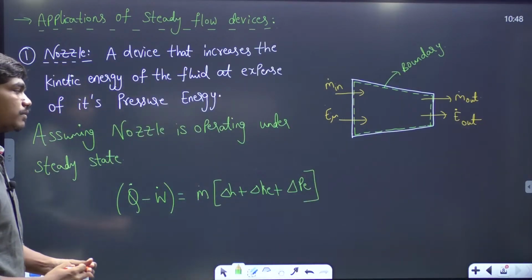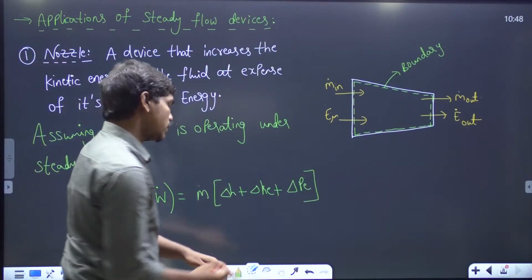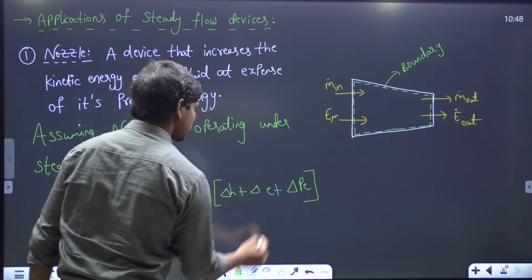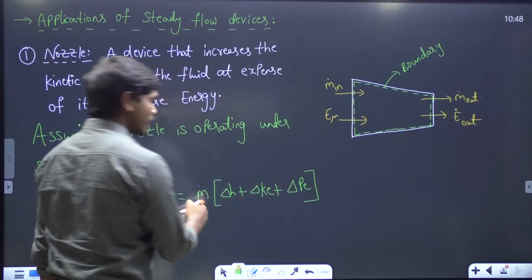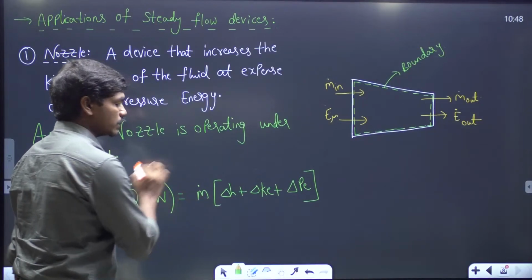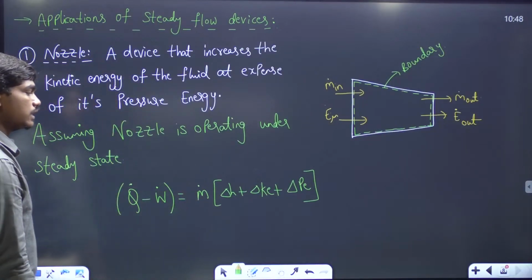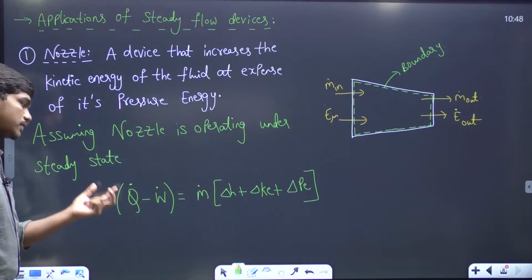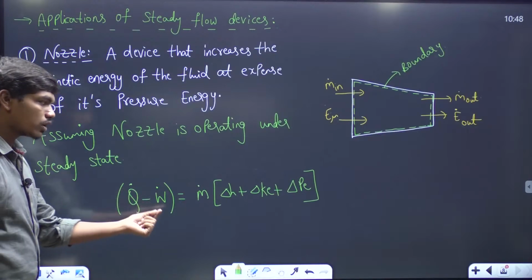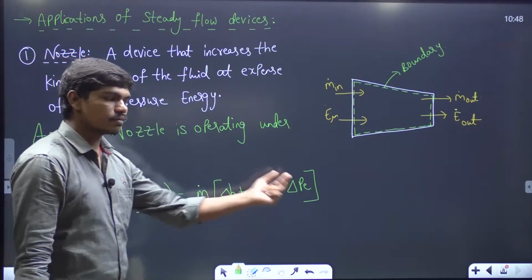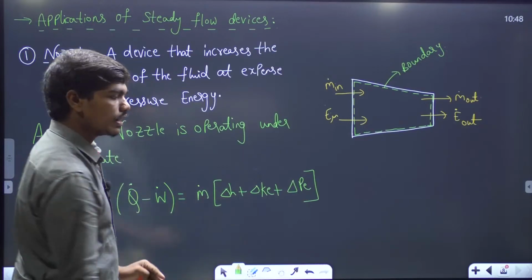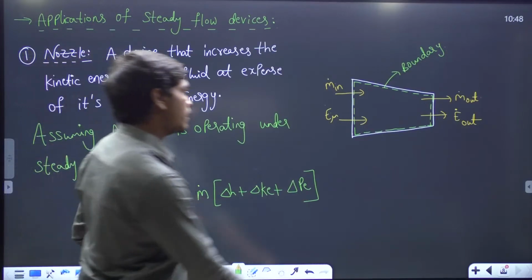I am denoting small quantities because I need to write these terms per unit mass, since we have mass multiplied ahead of this. Or else, if you divide completely by mass, you can also write small q minus small w is equal to delta h plus delta KE plus delta PE. Anything could be fine.